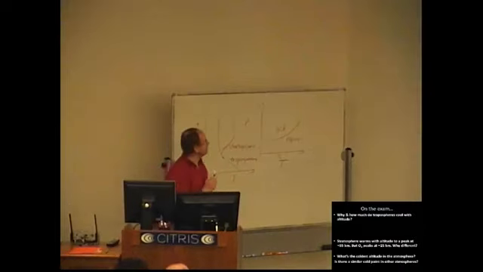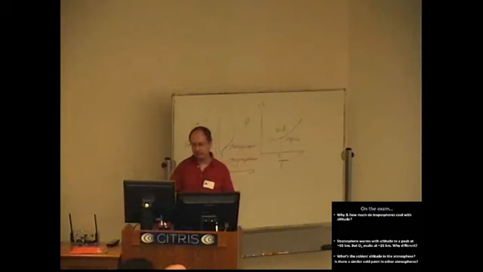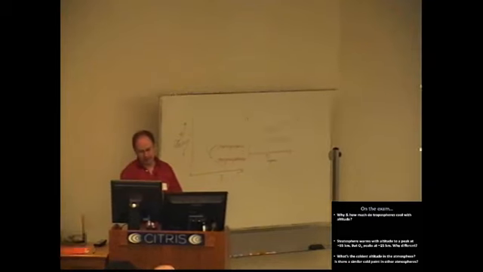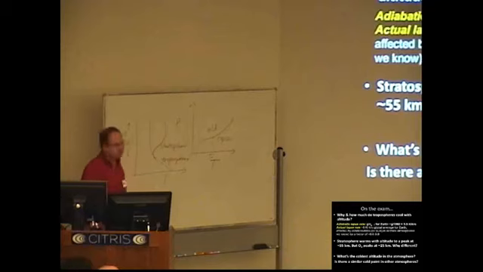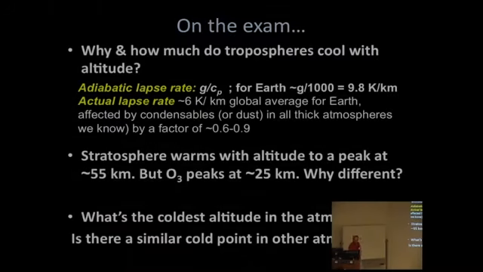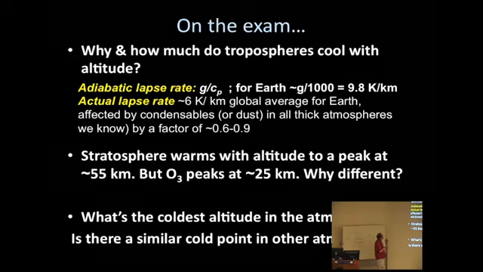So to discuss that a bit more, thinking about why and how tropospheres cool with altitude, that's obviously convection when you have a warm surface underneath. But we can get that in a dry atmosphere just through very simple parameters, the gravity and the specific heat capacity, which is easy to remember for Earth. It's just g divided by 1,000. But when we look at the atmospheres of the solar system, this is not what we see.